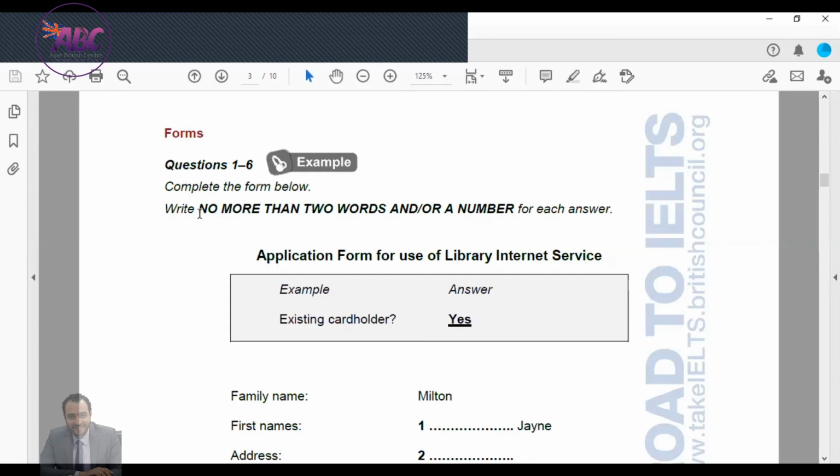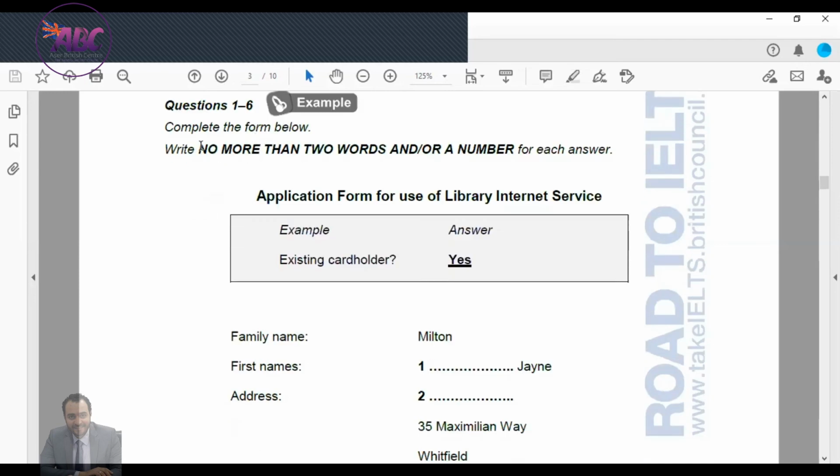When it says write no more than 2 words and/or a number, if you wrote 3 words, it's a mistake or wrong answer. If I wrote a word and a number, it will be correct.